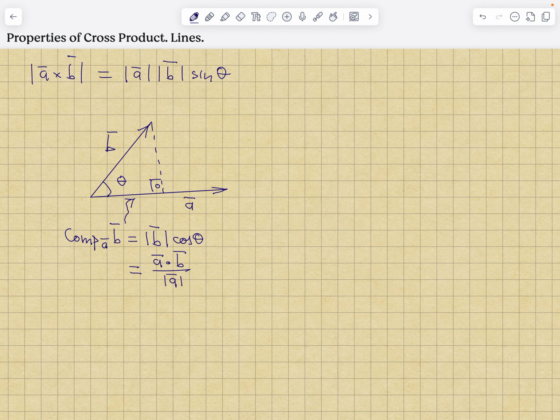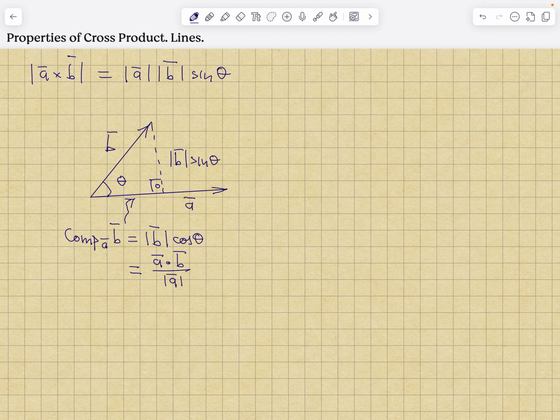So now I want to concentrate on the other side in this right triangle, the vertical side. In this right triangle with a hypotenuse that has length B, this side is the opposite side, so its length should be magnitude of B times sine theta.